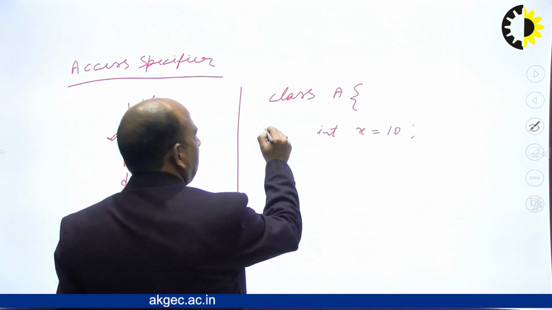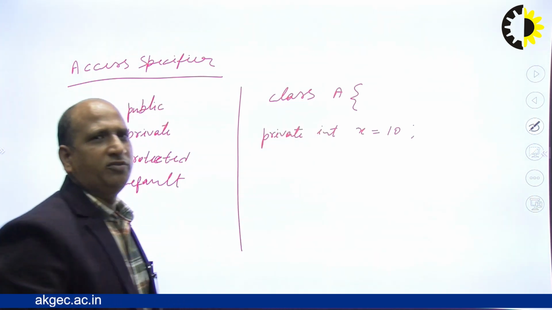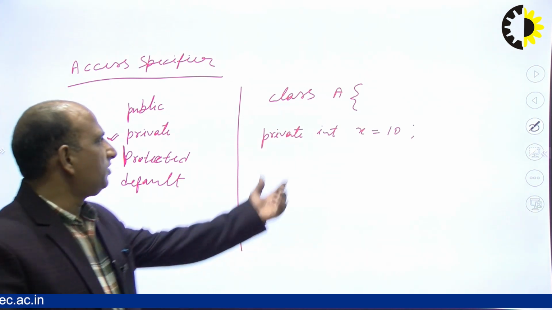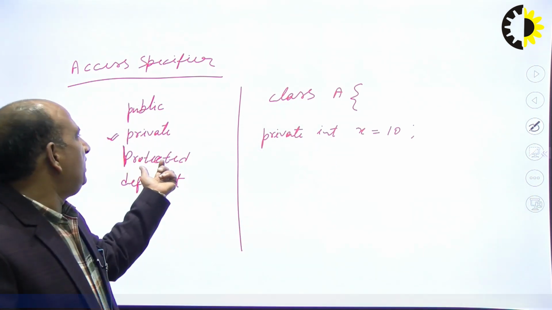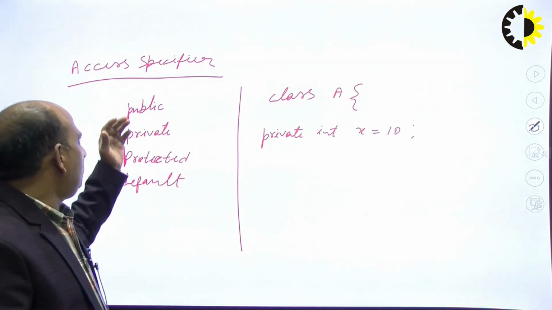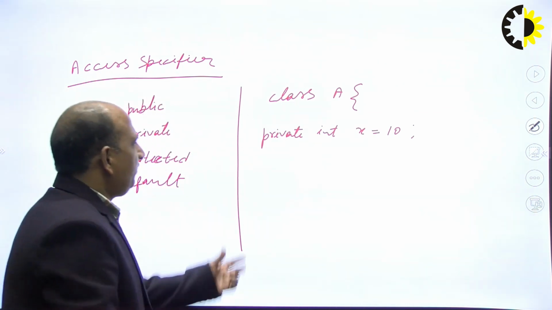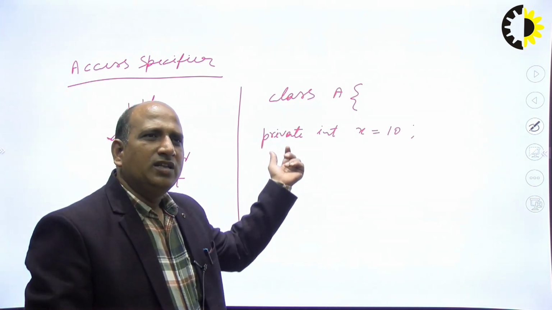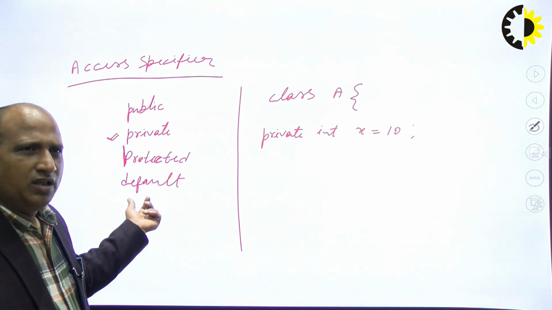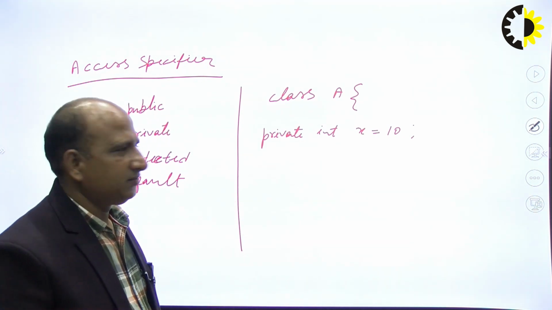I have to write the private keyword before its declaration. If I want to make it protected, I have to write the protected keyword here. If I want to make it public, then I can write public, and so on. If we do not write any keyword, then default will be applied. We can also explicitly mention the default keyword.